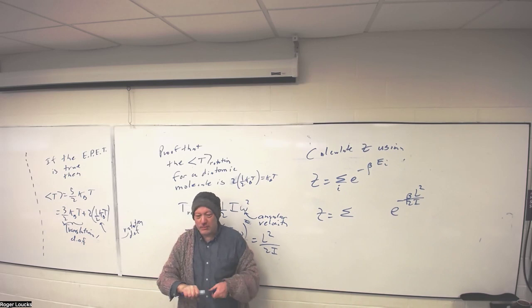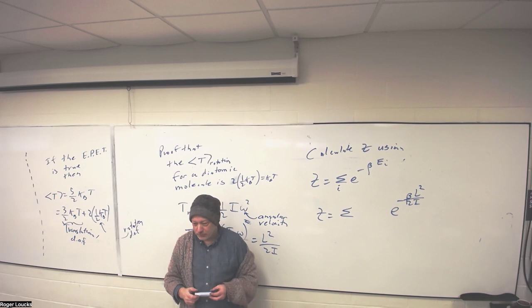I mentioned something before about angular momentum. A lot of you have had quantum, a lot of you have had chemistry. So what do you know about L squared from quantum mechanics and chemistry?